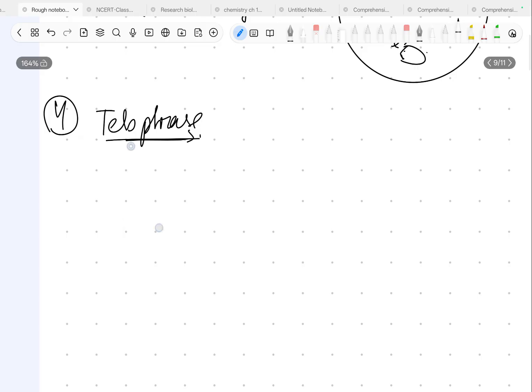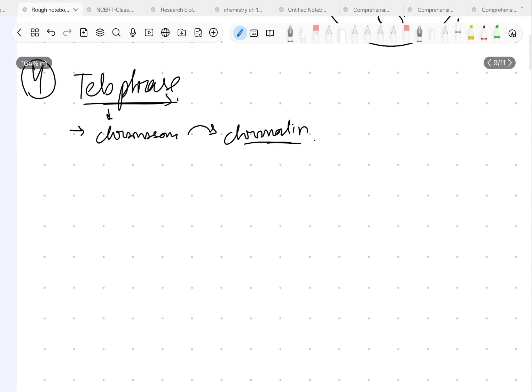But in the telophase, the two chromatins which are pulled, I am writing like this, the chromosome will convert again into chromatin, and two nuclei will be formed.